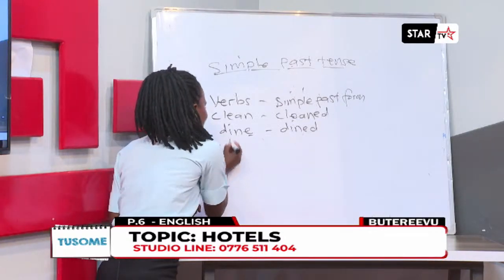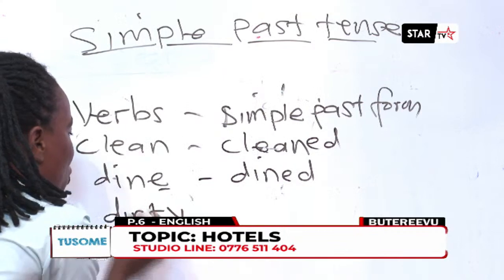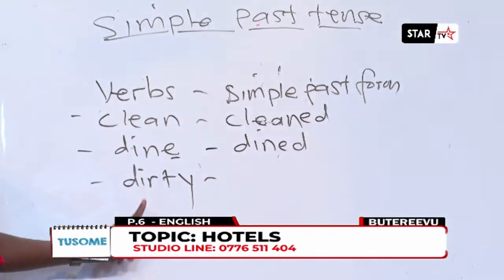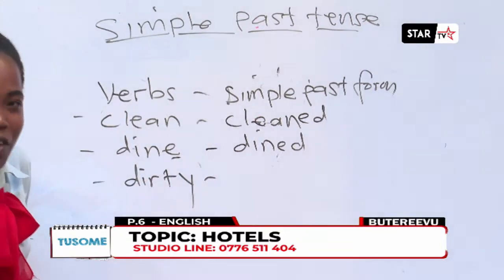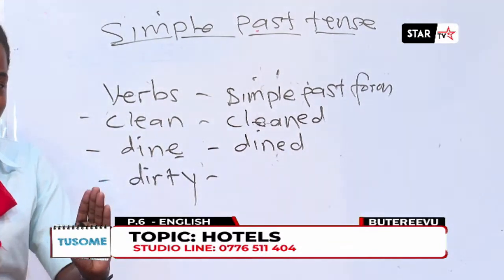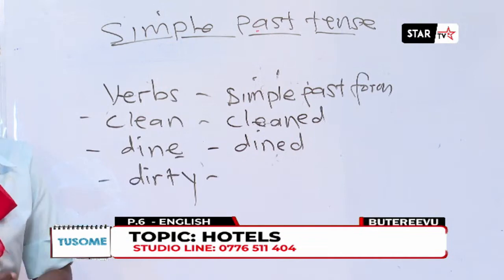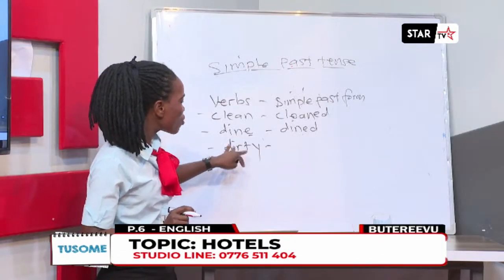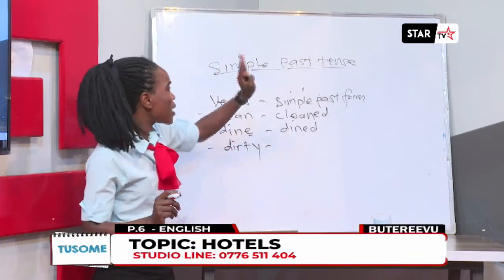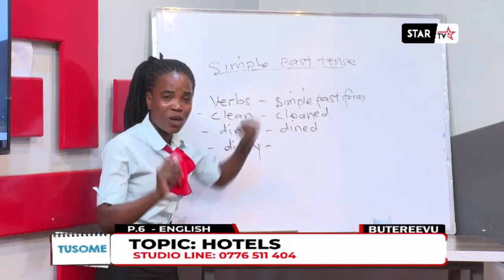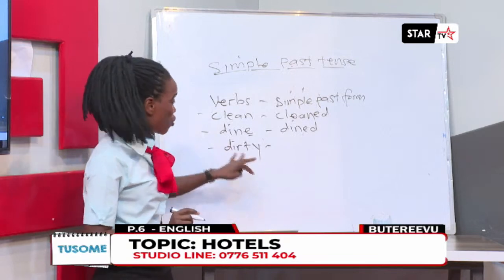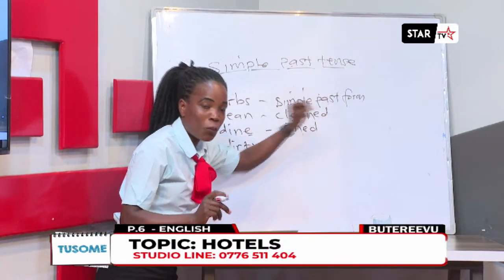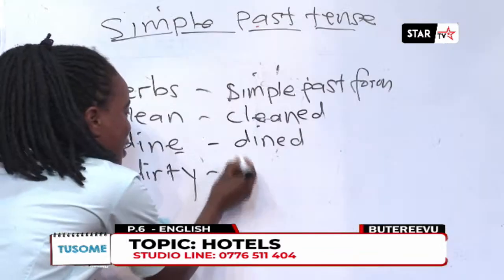The next example I want to give you is the verb dirty. You have to note clearly that this word dirty is both a verb and an adjective. However, in this lesson, I'm using it as a verb. Therefore, in case you want to use this verb to express the simple past tense, what do you need to do? You need to change this verb to its simple past form, which is dirtied.